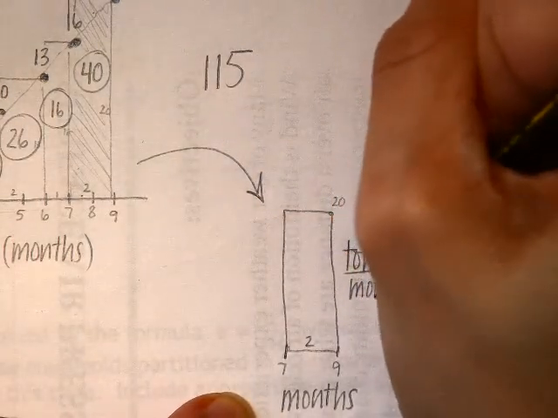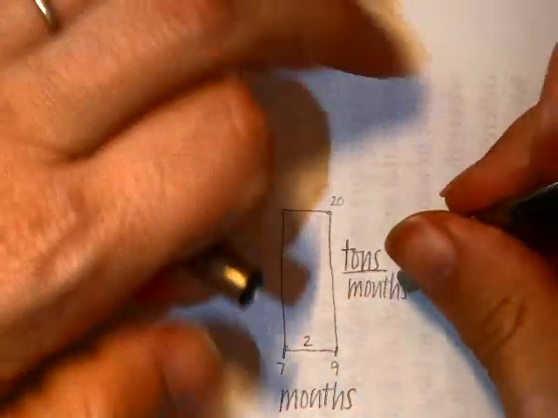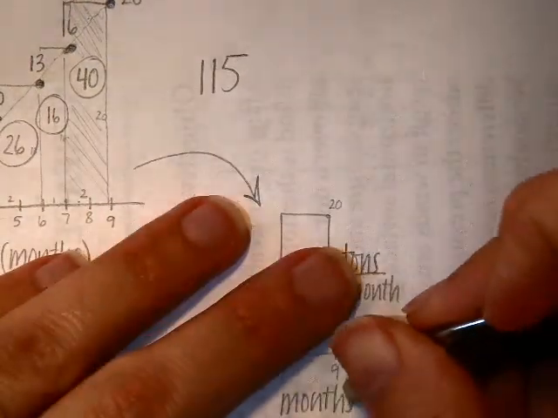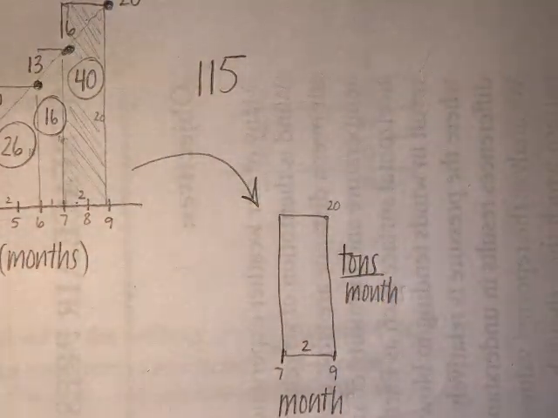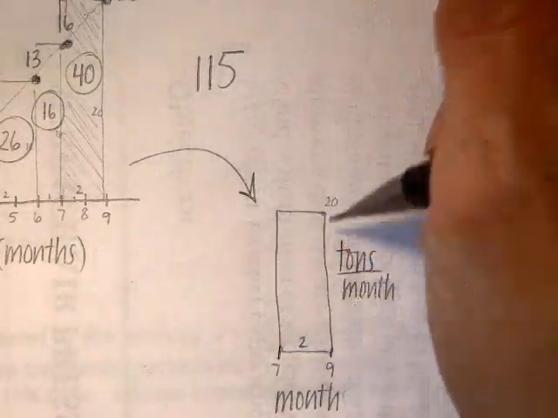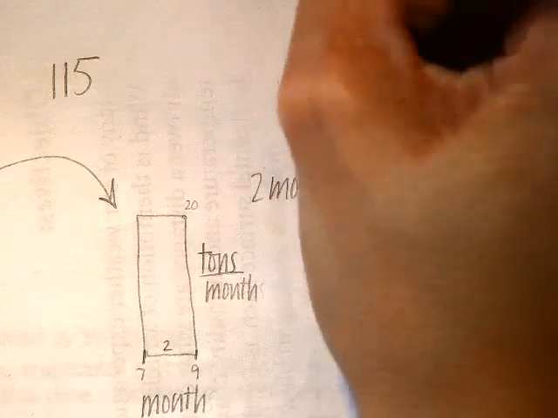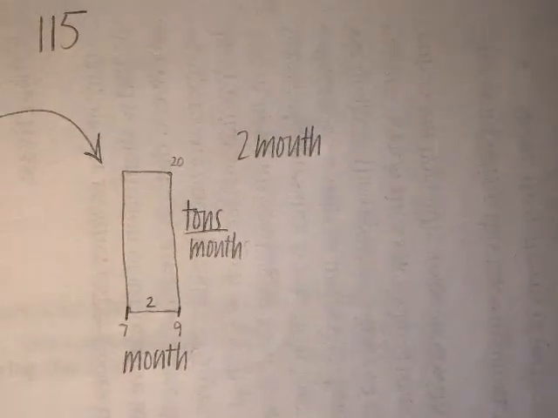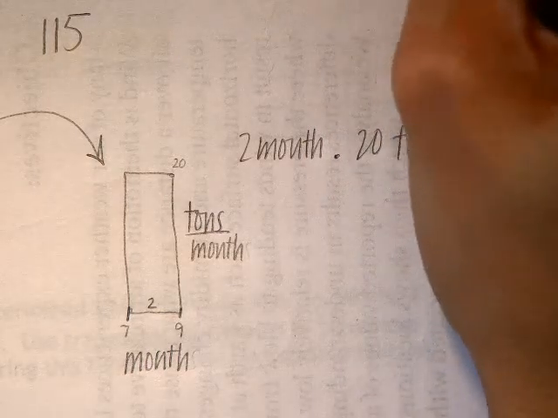So again, just in terms of relevance there, tons per month is going to be my y-coordinates unit set. So when I did my area 2 times 20, I was doing 2 months, and I'll not make it plural there just so that it cancels out, times 20 tons per month.